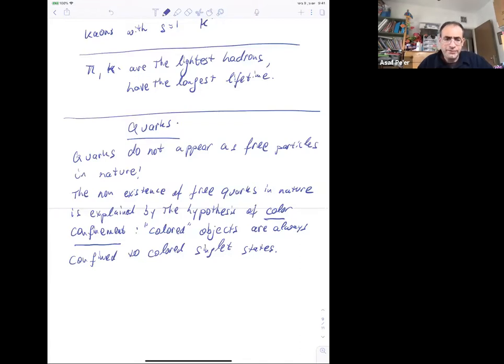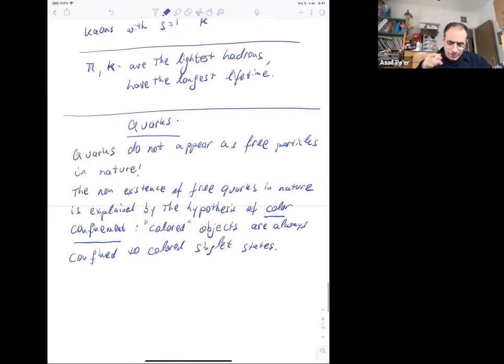So if there happened to be free quarks that are not color neutral, then they always reorganize themselves as a set of neutral hadrons, which occurs over a time of one femtosecond or so.